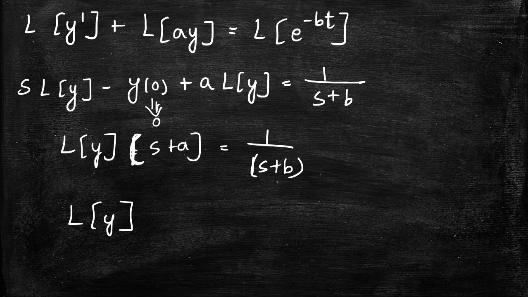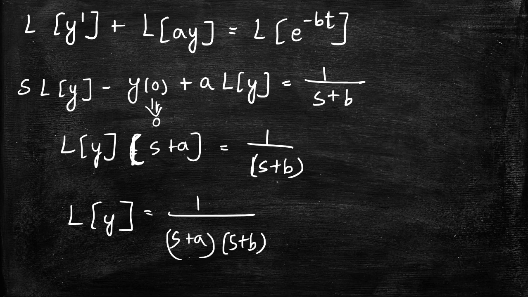So the Laplace transform of the solution y is equal to 1 by (s plus a) into (s plus b). So this is very easy. You do not have to solve any differential equations over here. You just have to write the properties for Laplace transform in a differential equation. So you just have to learn those.